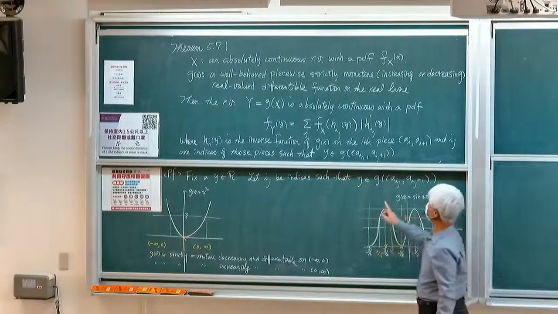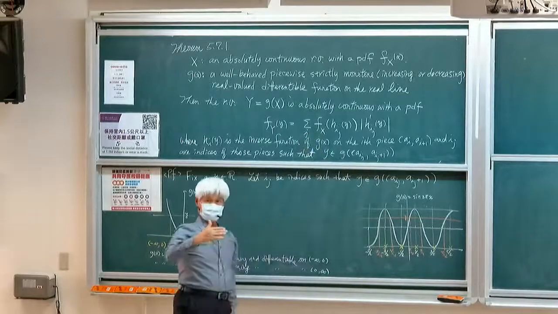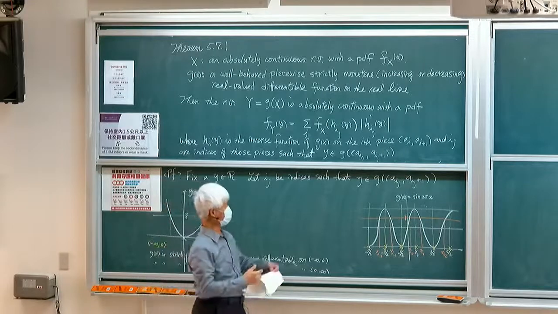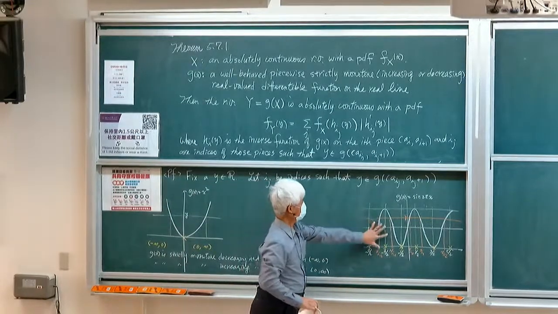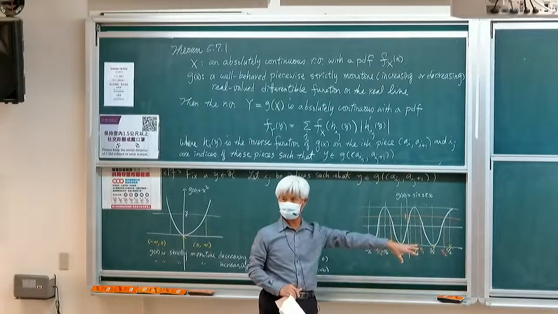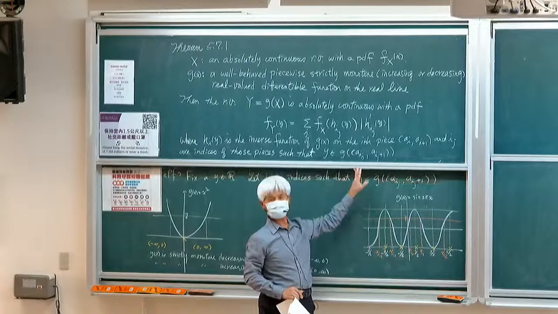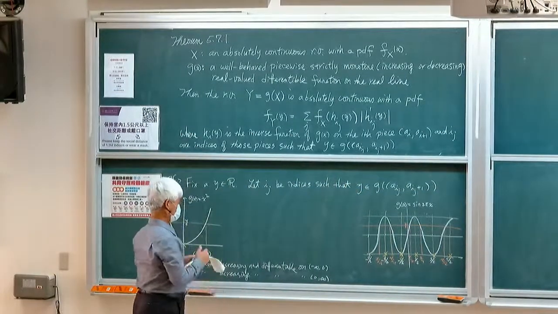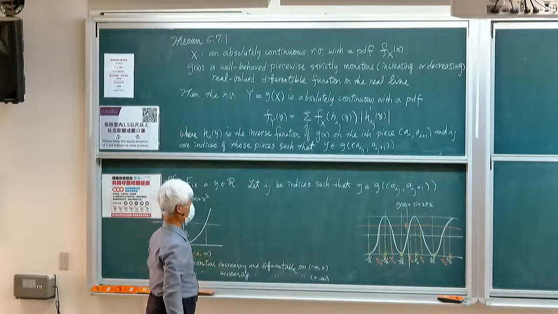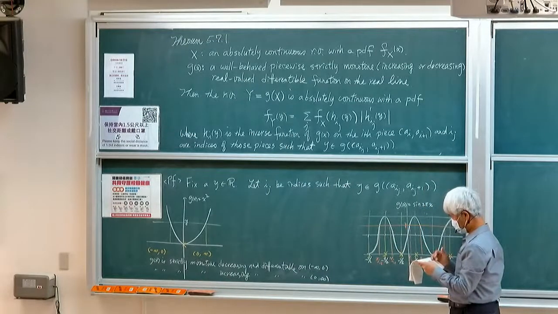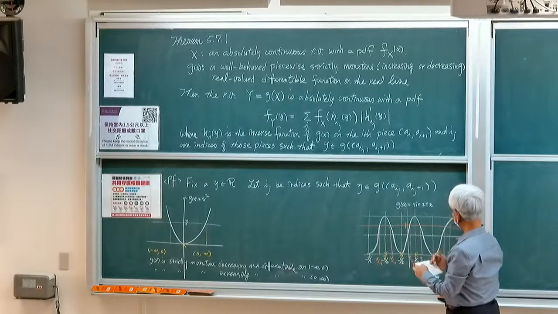So now it's possible this sum is a series sum. For this case, this function is still well behaved, even though you have infinitely many pieces. Because for ours, we say that it's well behaved if the image is an open interval.